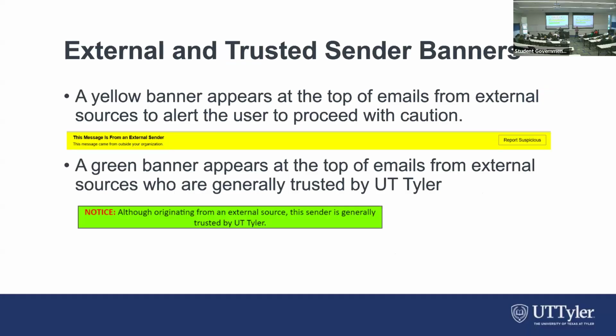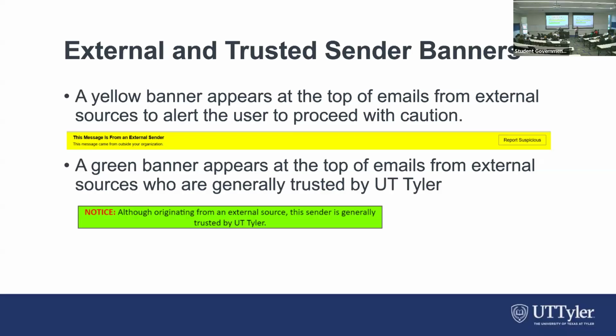But if you see the yellow banner, you'll know that it really did not come from inside our tenant. It came from somewhere else. Just think of yellow like when you're driving, you see the yellow light, proceed with caution. That's what the yellow banner means. Proceed with caution. It doesn't necessarily mean it's bad. It just means to watch out, be careful.